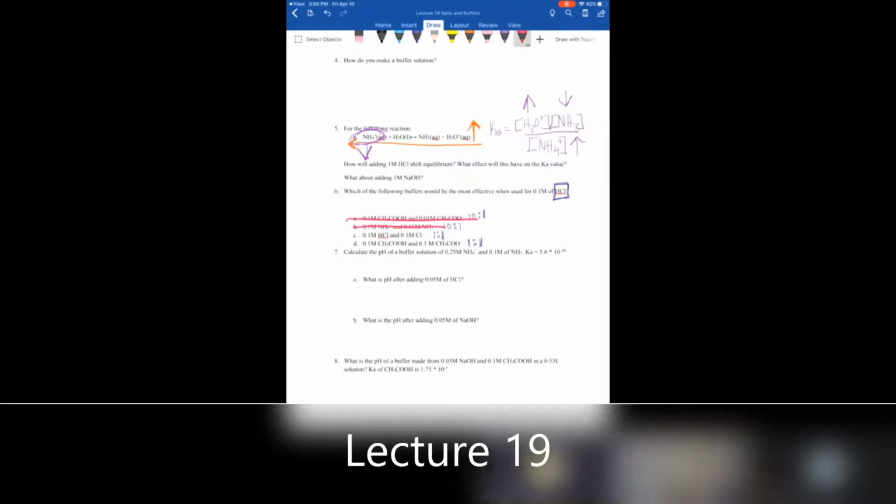Okay. So let's look at C. What is HCl? HCl is a strong acid. Will it form a buffer?